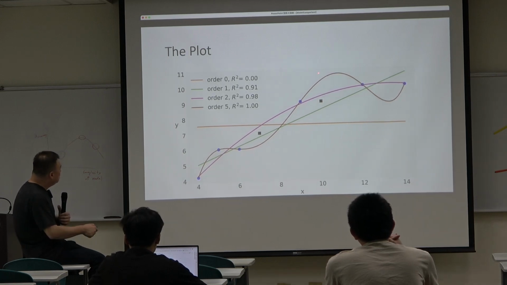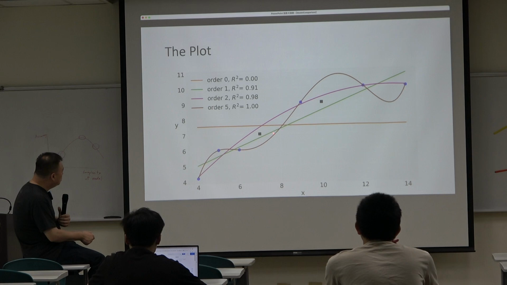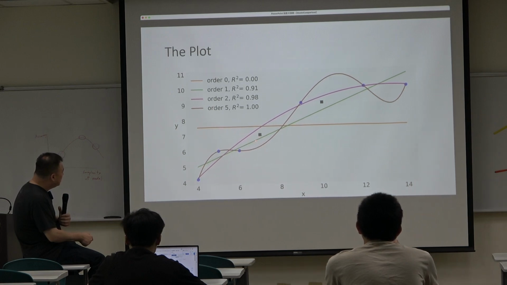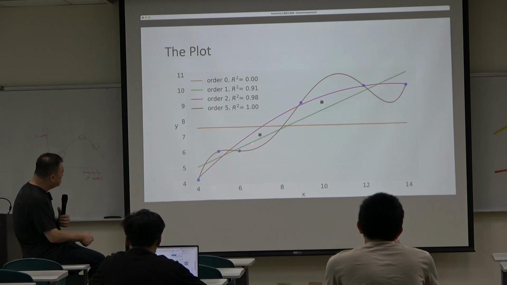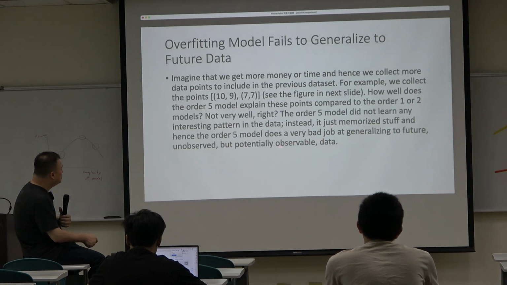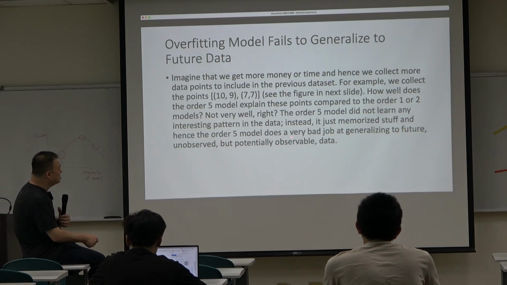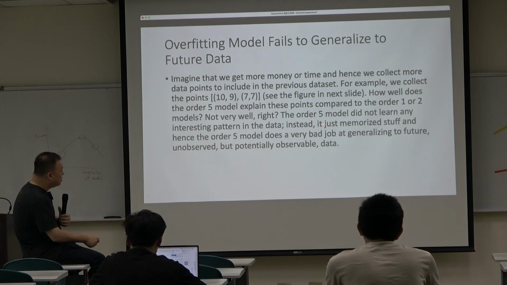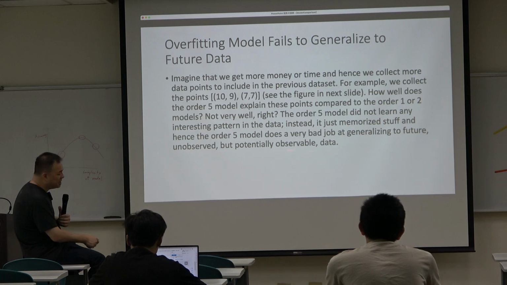But if you look at the error of these 2 data points, you will find that the error from the linear model is much smaller than the error for the order 5 model. The order 5 model does a very poor job at generalizing to future unobserved but potentially observable data.